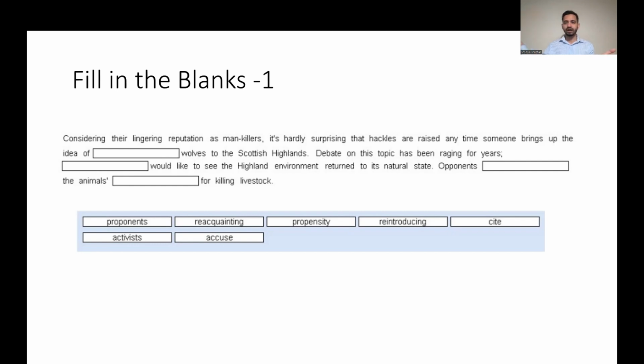So you've got people who are the opposite of these people. The opposite of these people would be proponents, right? Proponents would be the ones that are supporting the idea. Proponents would like to see the highland environment return to its natural state. So it makes sense logically, grammatically, and in terms of collocation, we don't really have the collocation cue here, but we can use that. Opponents.